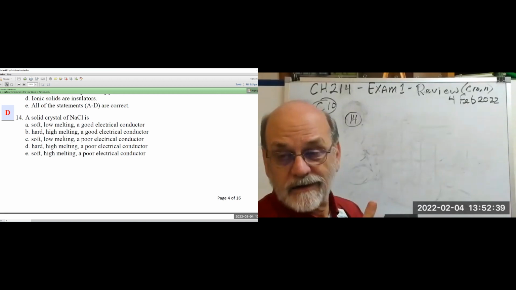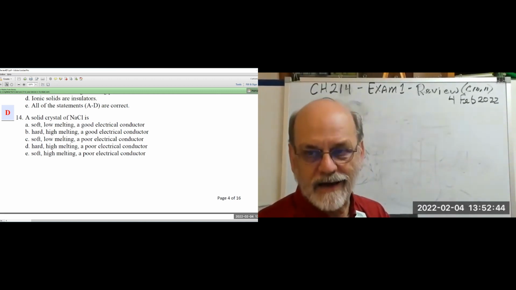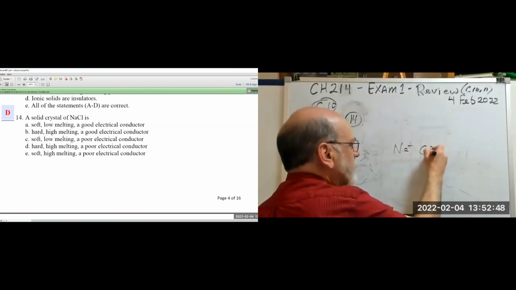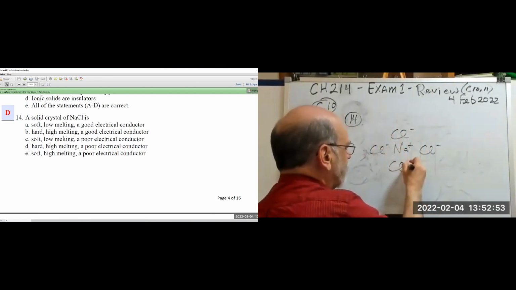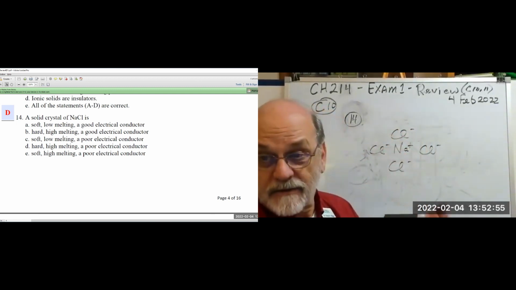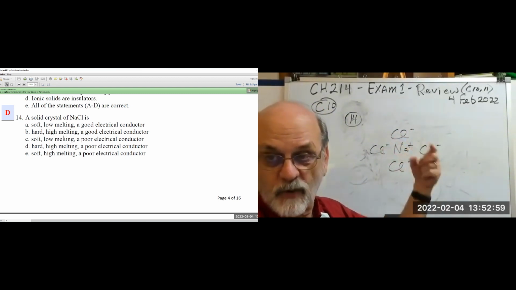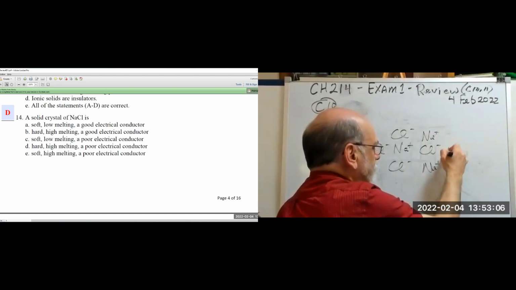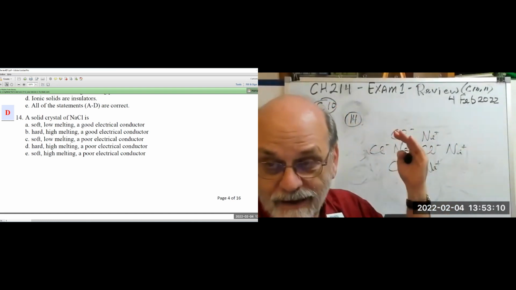It's solid, and it's composed of cations and anions. So you're going to have a sodium, and it's surrounded by chlorines, plus there's a chlorine behind and there's a chlorine in front. But when you're focused on the chlorines, what do you have? You have sodium, with a sodium in front and a sodium in back.